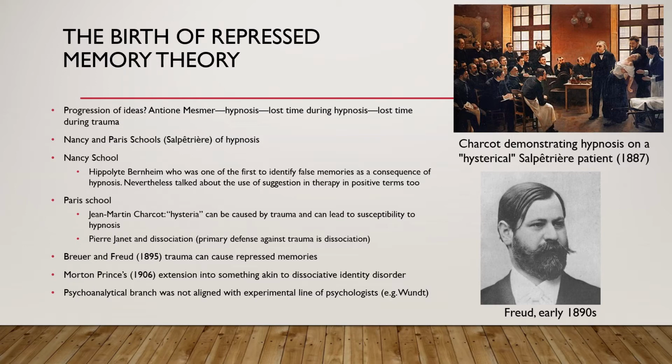So at the same time, there was a split, like there is a split today, into branches of psychology. At that time, there was a branch of scientific psychology that was doing experiments into physiology, such as with Wilhelm Wundt, and making very slow progress into understanding the brain, but making some progress. And on the other hand, you have psychoanalysts and related branches that were coming up with grand theories very, very quickly.